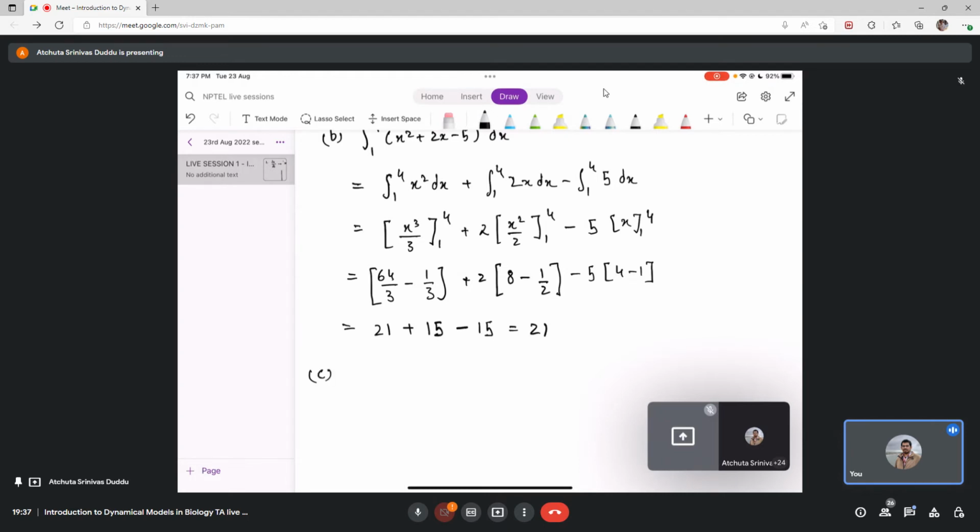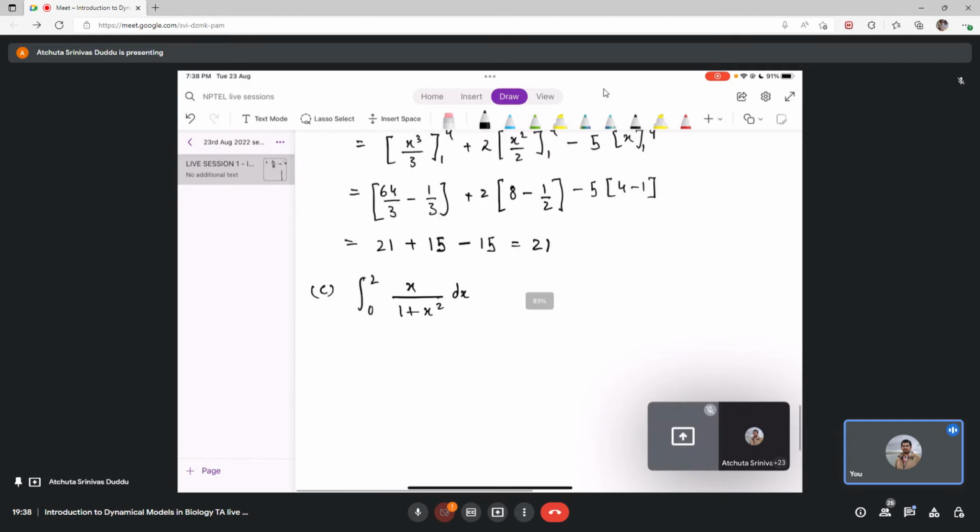Coming to the C bit, we have the integral 0 to 2 of x by 1 plus x square dx. Here again we use our substitution method.